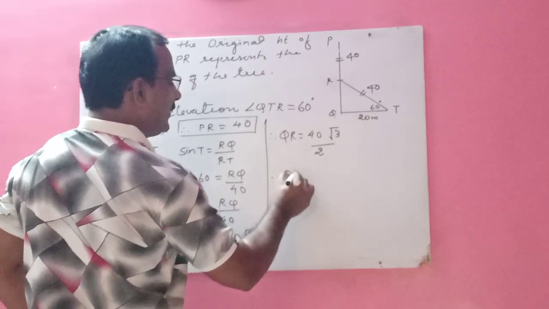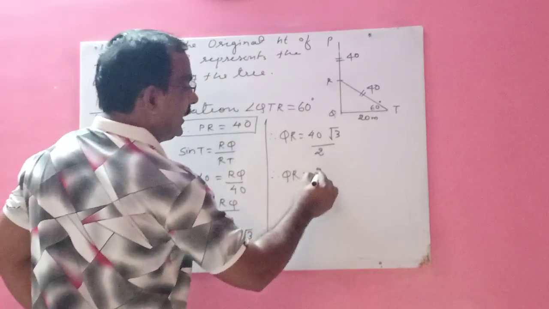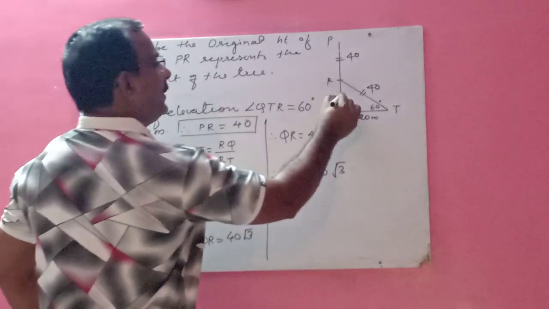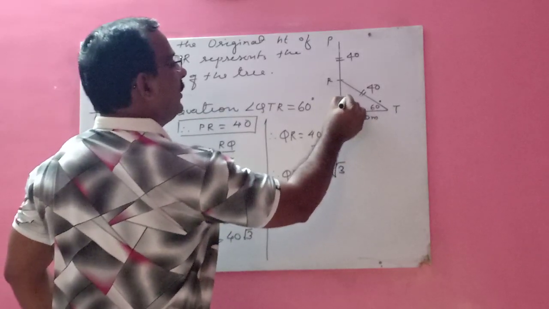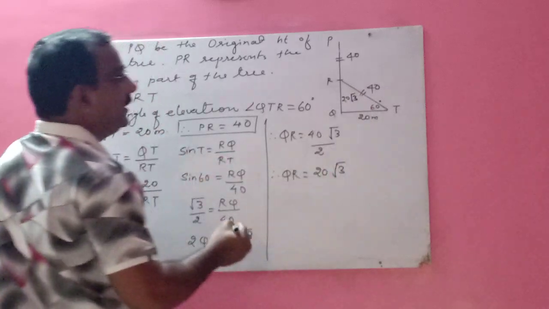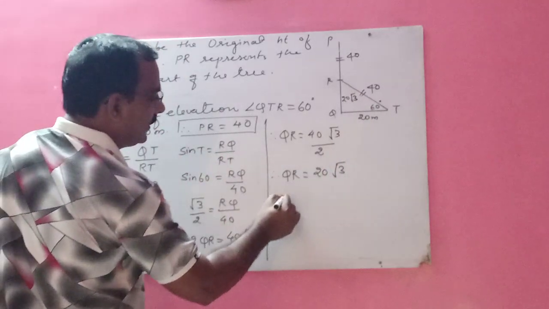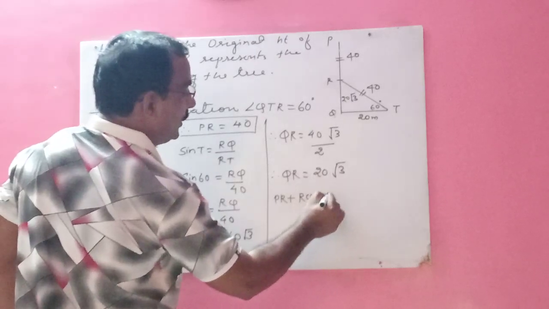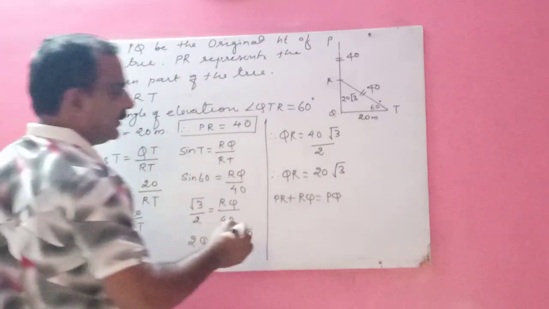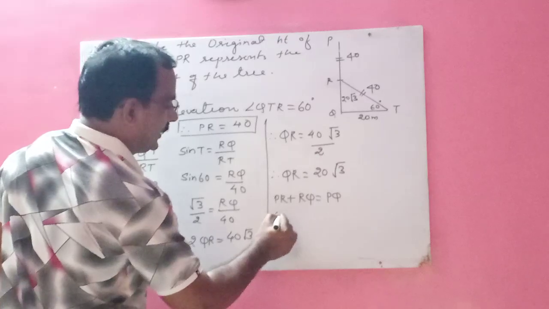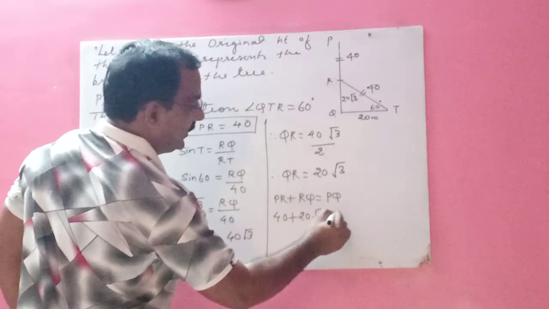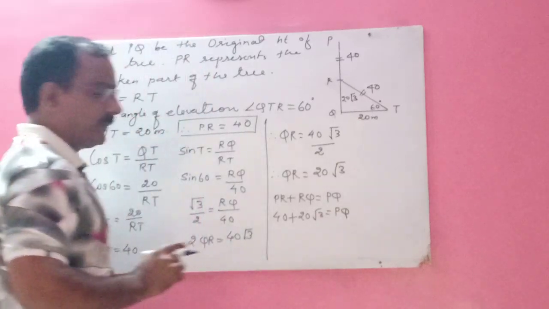Therefore, QR is equal to 20 root 3. So this is how much you got? 20 root 3. Now PR plus RQ is equal to PQ. Right? PR we have 40 and this we got 20 root 3 equal to PQ.